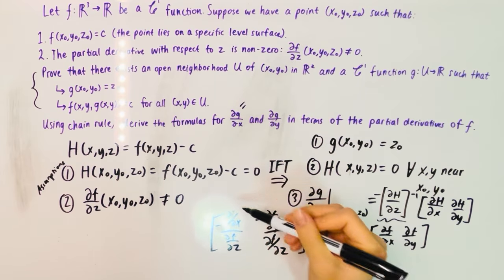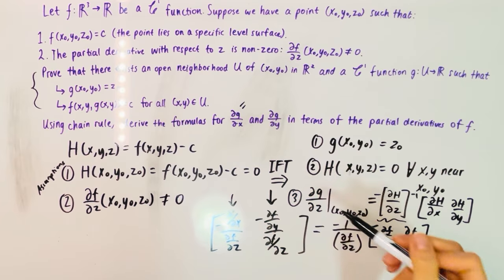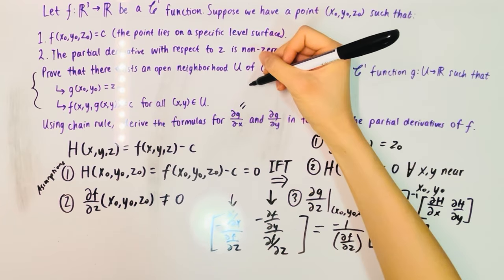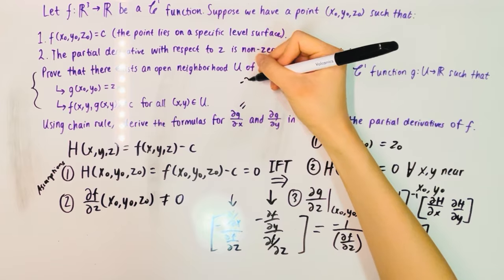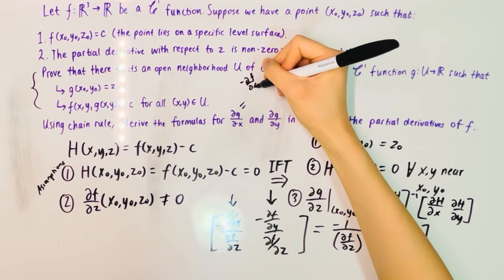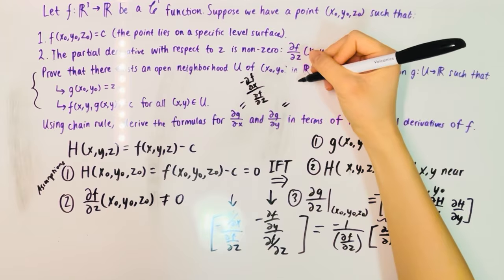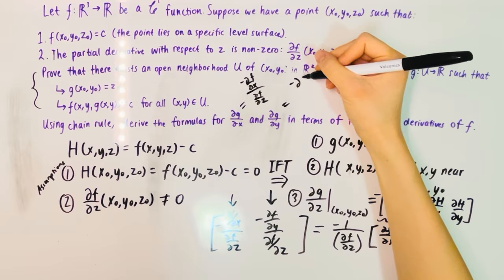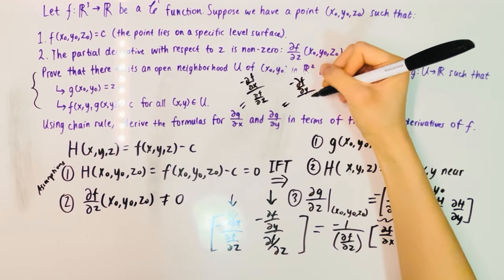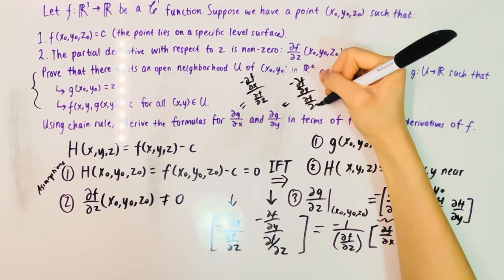So dg dx is this, and dg dy is that. So dg dx is equal to negative df dx over df dz, and dg dy is negative df dy over df dz. And we're done.